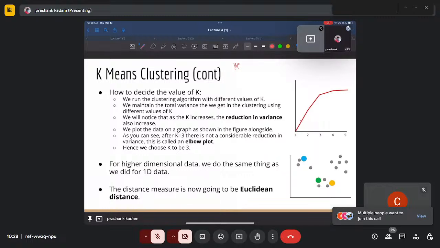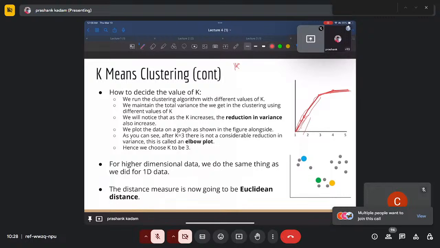Then for k equal to 1, k equal to 2, k equal to 3, you plot the variance, then 4, and then 5, right? Now in this case, you will see that after k equal to 3, the reduction in variance is not as much as it was for k equal to 1 and 2. From 1 to 2, there was a big jump, 2 to 3 a big jump, but then it wasn't that much.